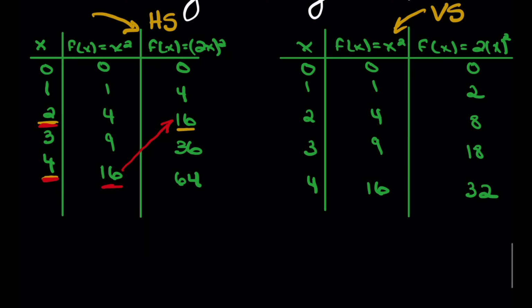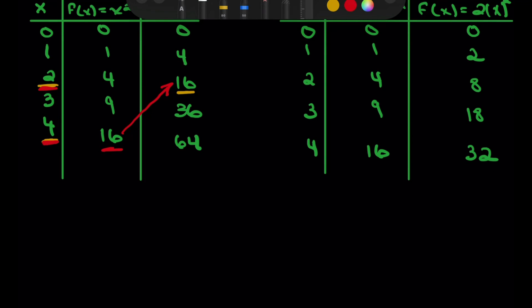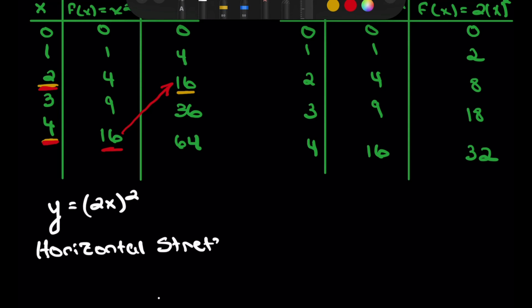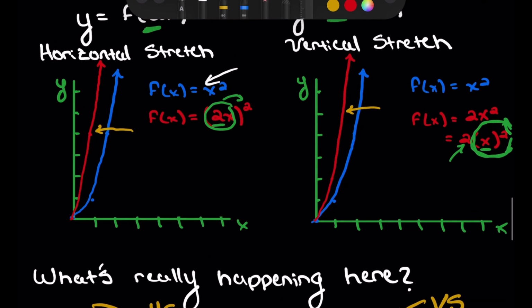And so it's actually listed as, if we had this exact same setup, we have y is equal to (2x) squared. Well, this is a horizontal stretch by a factor of 1/2. And that seems strange because you're thinking, oh, well, didn't the graph grow? Didn't it go a lot higher in the red?